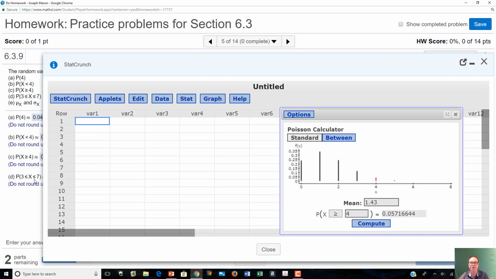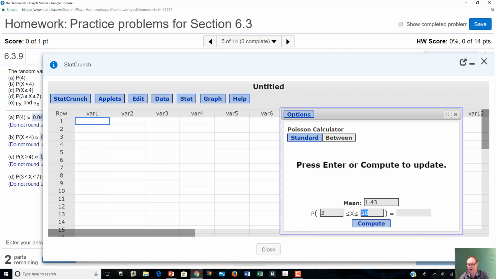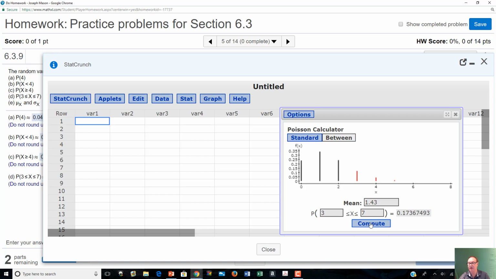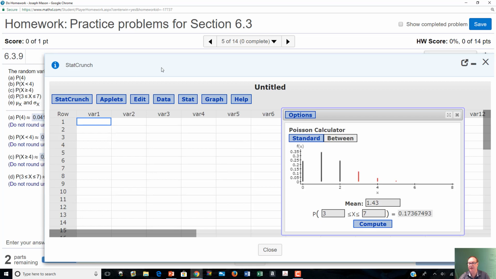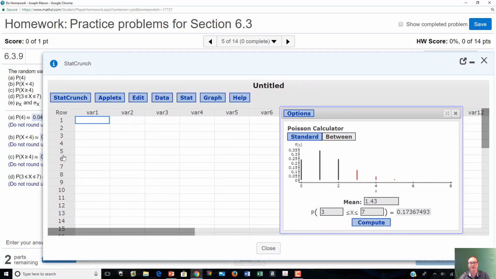Now I want trapped between. So now up here under Poisson calculator, I'm going to pick between. My mean stayed there at 1.43, but I want between 3 and 7. So I change to a 3, my lower end, my upper end to a 7. Click compute. So now I have this answer.